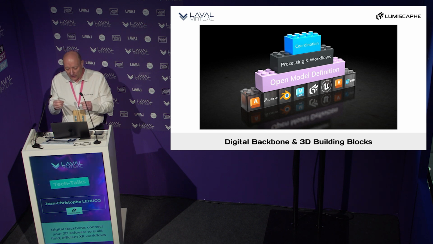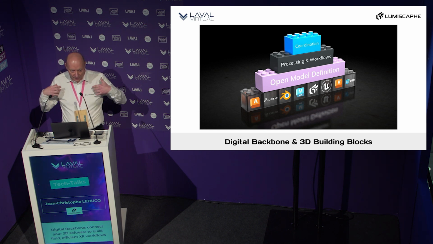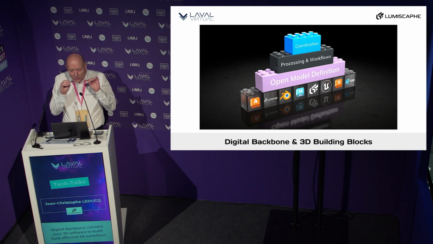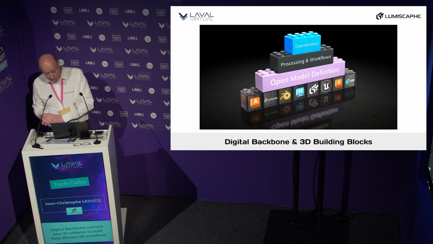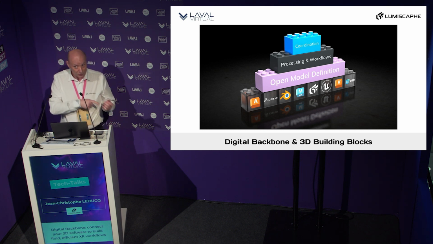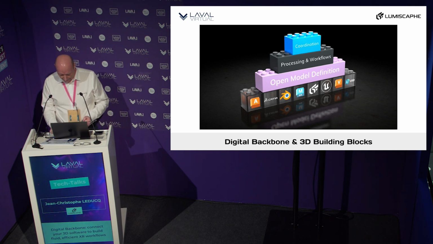And here, the digital backbone solves that problem, solves all the technical stuff for you, and leaves you the only work of writing a few lines of code to explain how you project your information from one software to another one, or from one software to a specific format, for example.